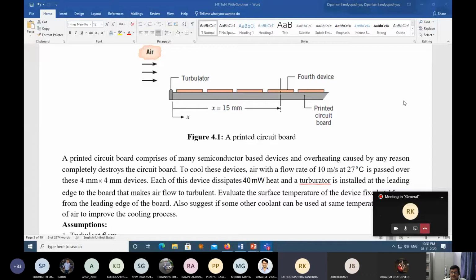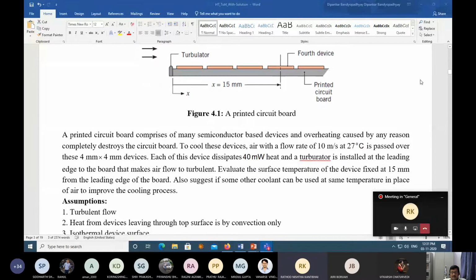The printed circuit board comprises many semiconductor-based devices, and overheating caused by any reason completely destroys the circuit board. To cool these devices, air with a flow rate of 10 meter per second at 27 degrees Celsius is passed over these 4 into 4 devices.